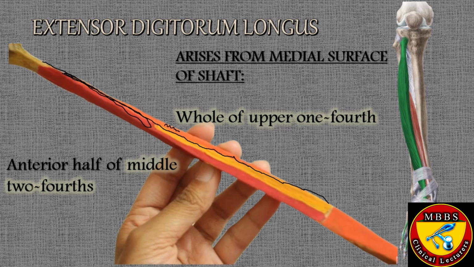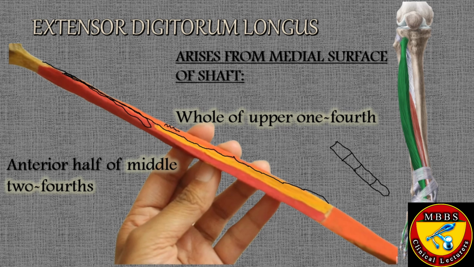I hope you are understanding that. Suppose this is the total medial surface. This is 1/4, this is 2/4, this is 3/4, and this is the 4th.